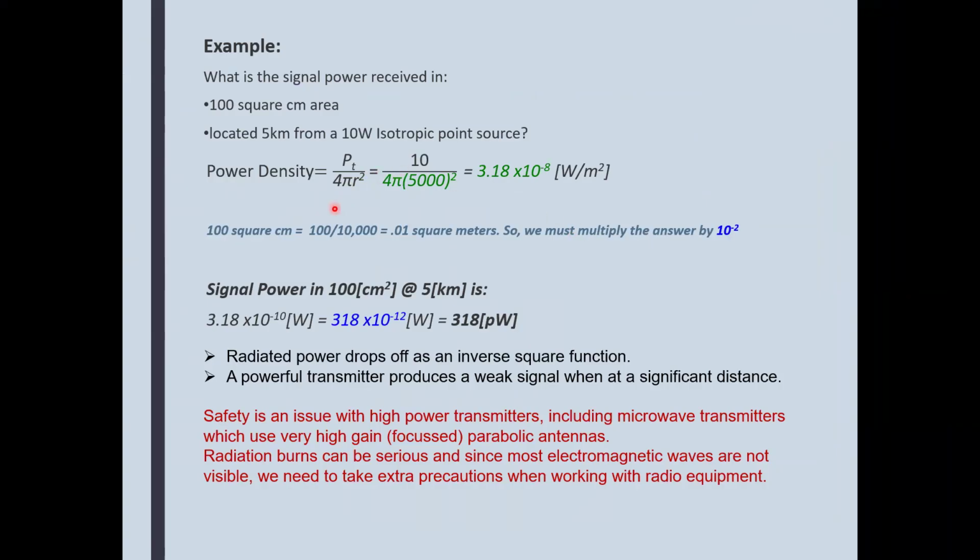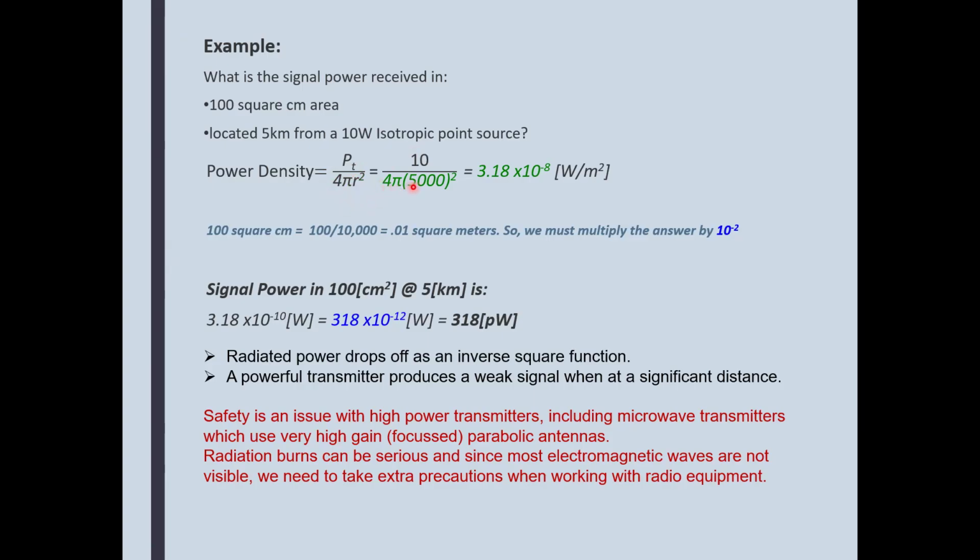All right, so we have that formula here. Power density equals total power divided by 4 pi r squared, which is our distance. So the power is in watts. Now we just have to convert the centimeters to meters in order for this formula to work properly.